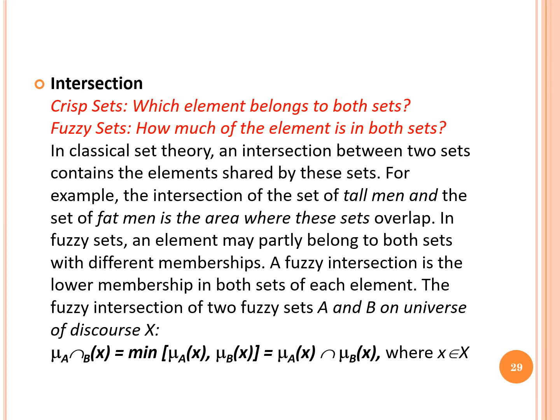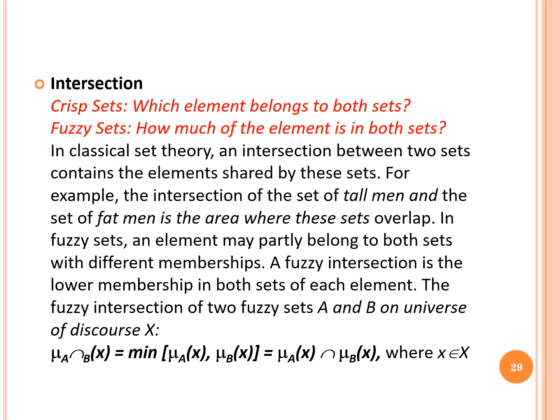So in the classical set theory, an intersection between two sets contains the elements shared by these sets. In the example, the intersection of the set of tall men and the set of fat men is the area where these sets overlap. In fuzzy set, an element may partly belong to both sets with different values of membership.